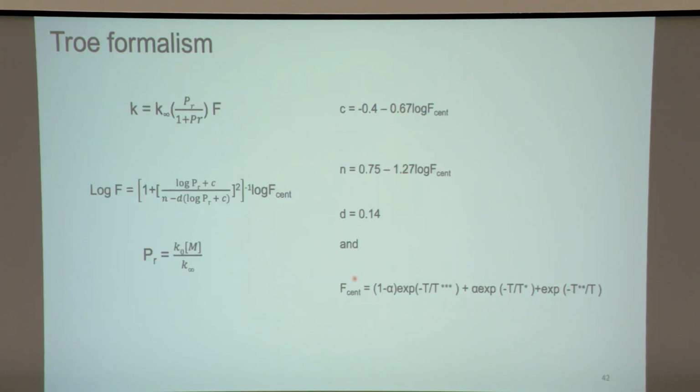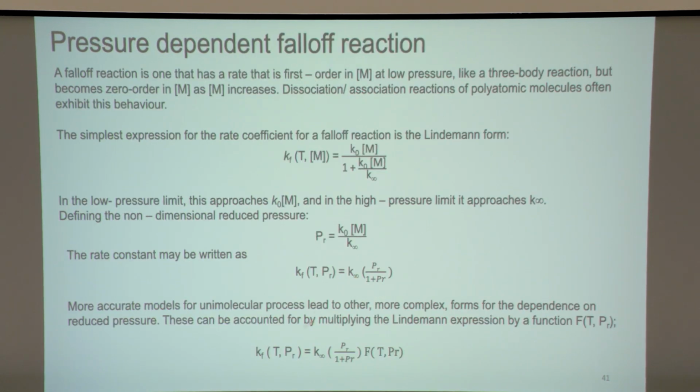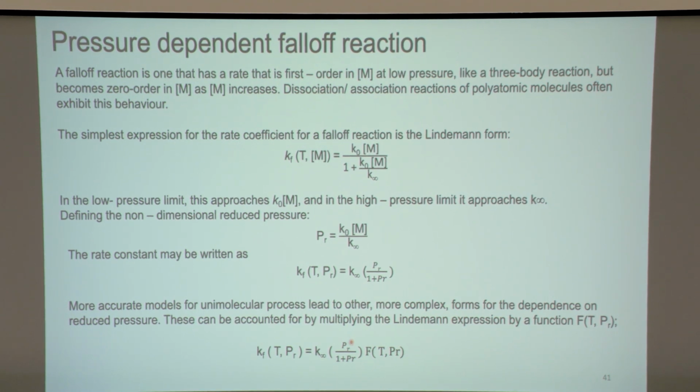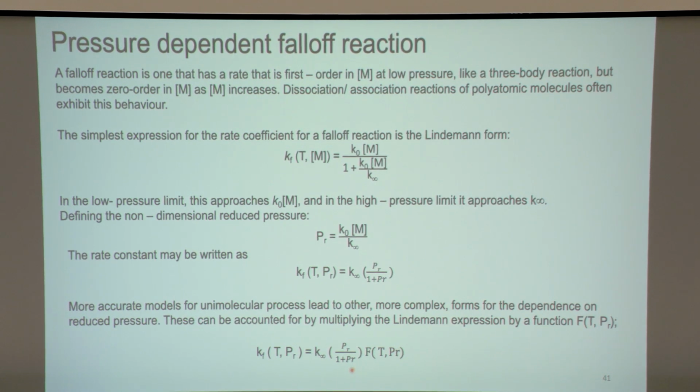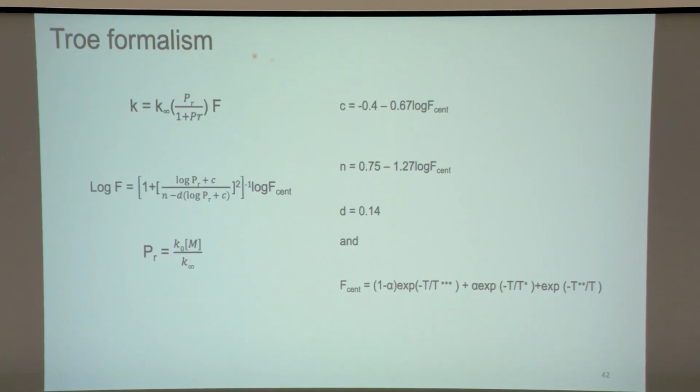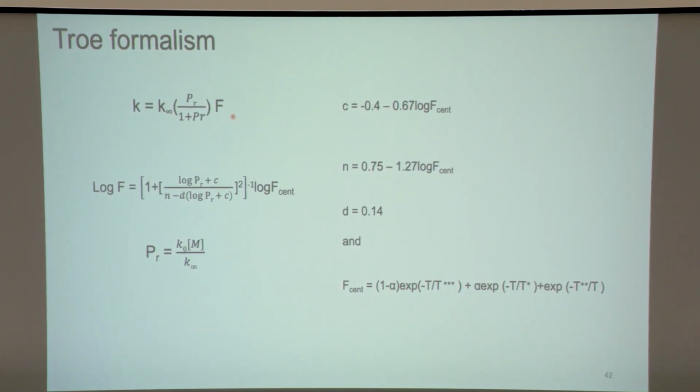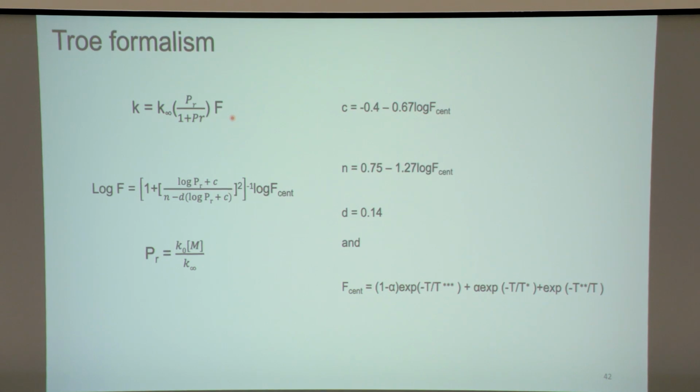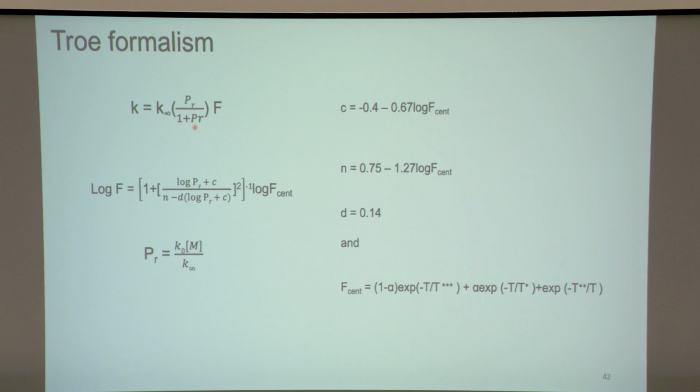This is the Lindemann function. Again, Kf is a function of temperature and reduced pressure: K infinity times PR over 1 plus PR. And the Troe formalism, Troe is a German kineticist, still active today, presents how you can write this rate expression in a way that you could put it inside of a code.